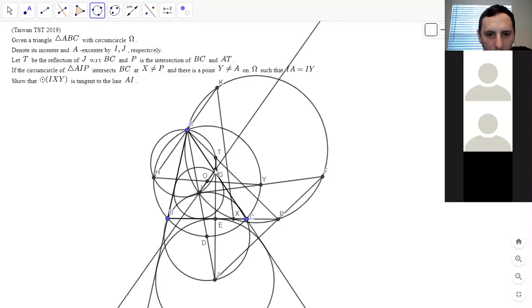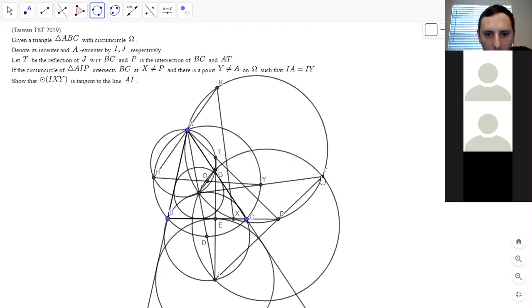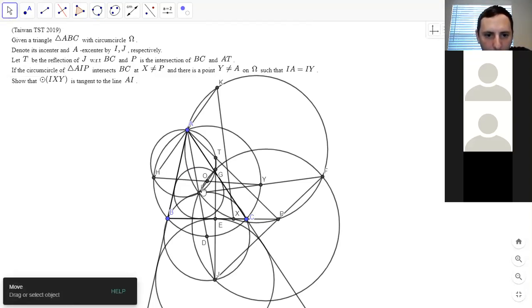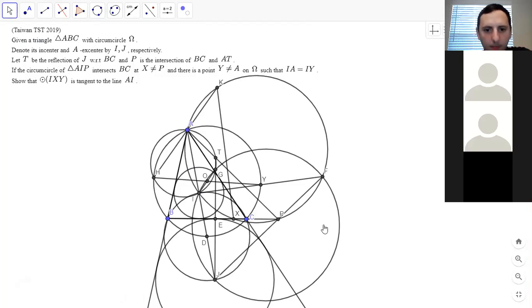I, G, F, and J are cyclic. Nice. Oh, because T is a reflection of J over BC.